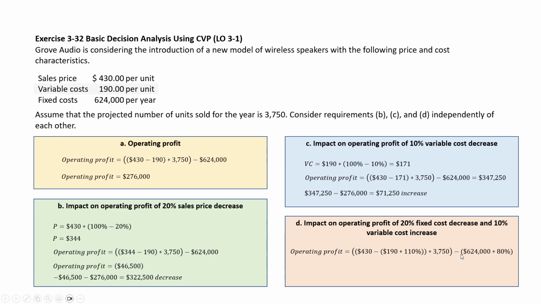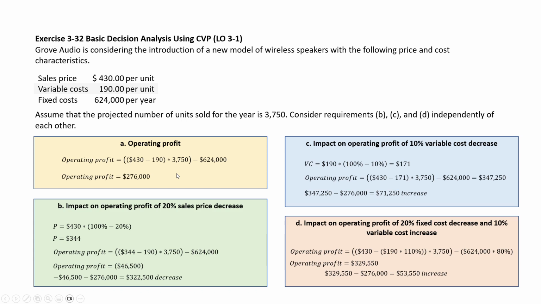Notice that I've also adjusted the fixed cost. Subtracting out the fixed cost, they're no longer 624,000. I'm going to multiply it times 80% because I'm losing 20% of it, which brings it down to 499,200. All told, subtracting the fixed costs from the contribution margin dollars means our operating profit would be 329,550.